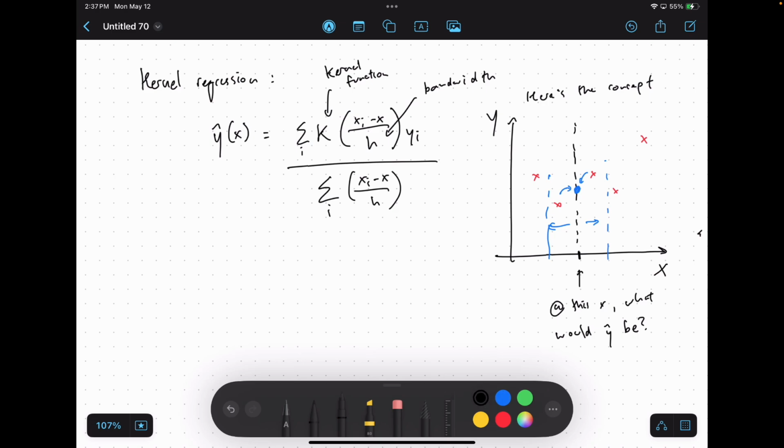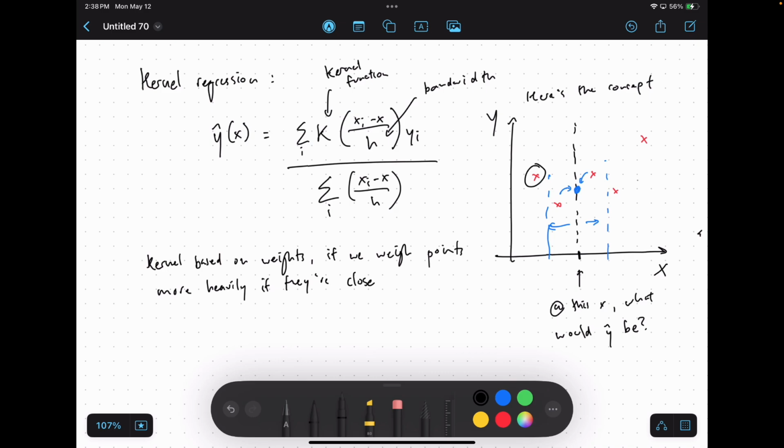So the kernel is based on weights, and we can choose to weigh points more heavily if they're close, right?